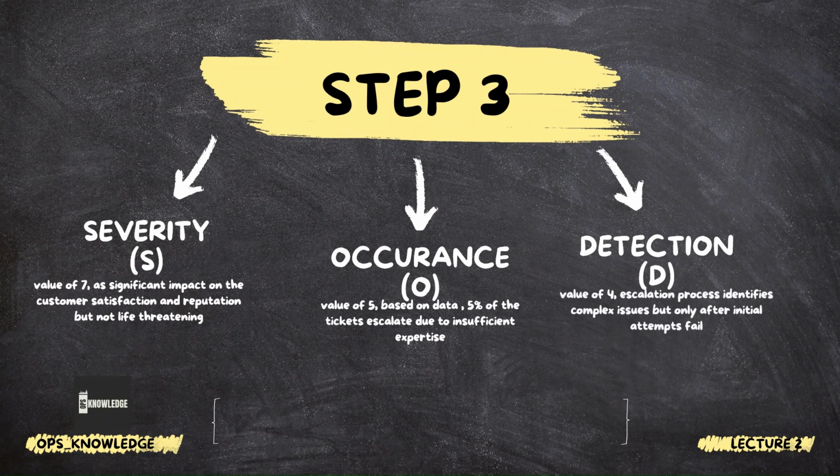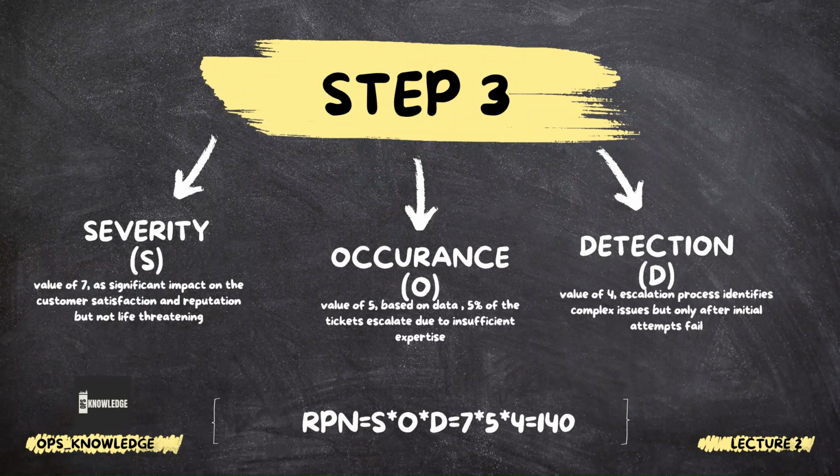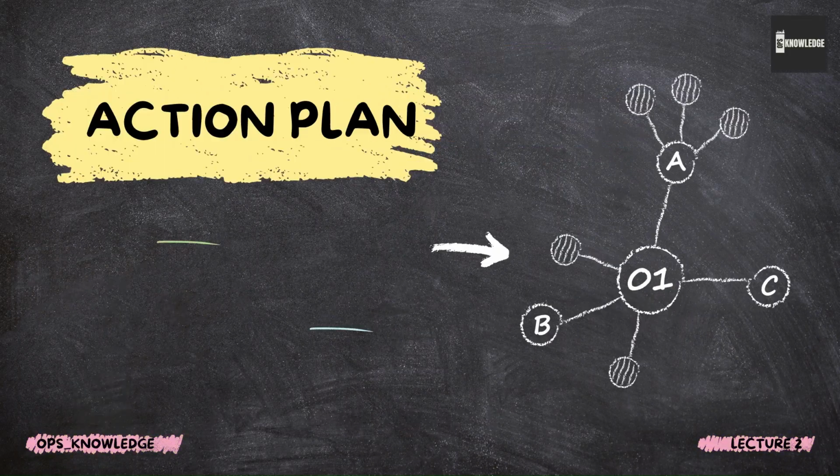For detection, we are giving a value of 4 as the escalation process identifies complex issues but only after initial attempts fail. So for this, RPN equals S into O into D, that is 7 into 5 into 4 equals 140.